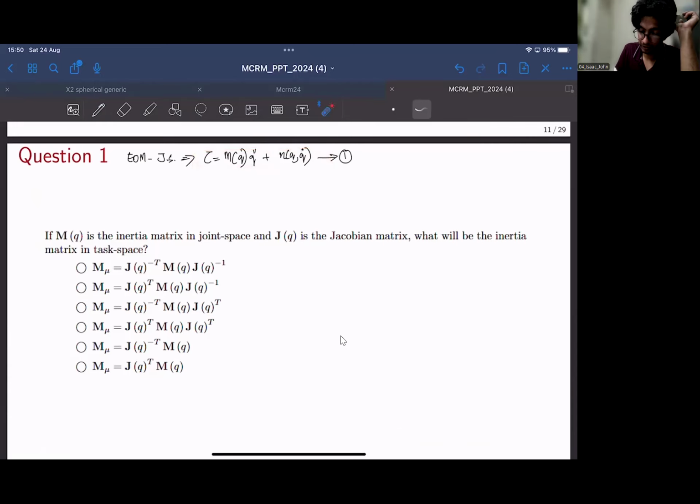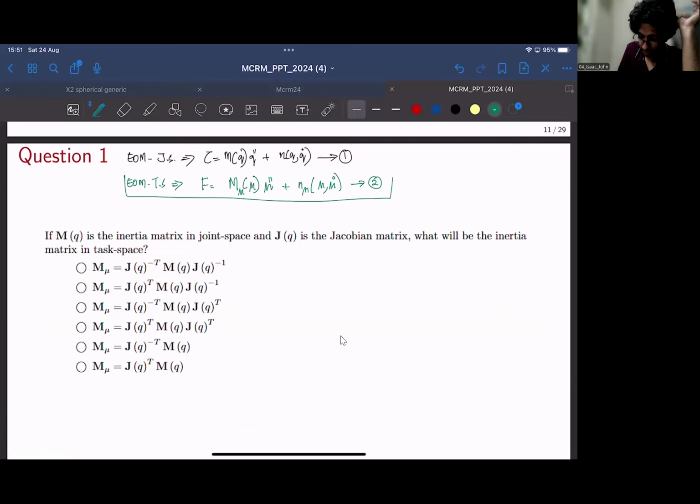You can also write these equations of motion in task space. Instead of the joint torques, we have the end effector forces and moments, F. That would be this mass matrix, M of mu, just to denote that it is with respect to the task space coordinates, mu double dot, plus N of mu, mu dot, where mu are the task space coordinates.